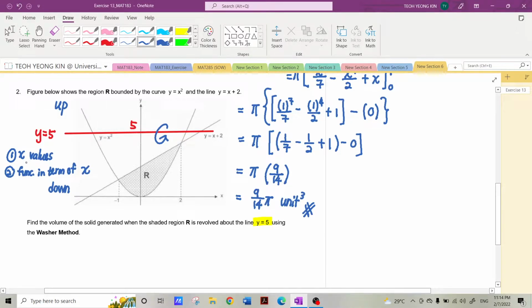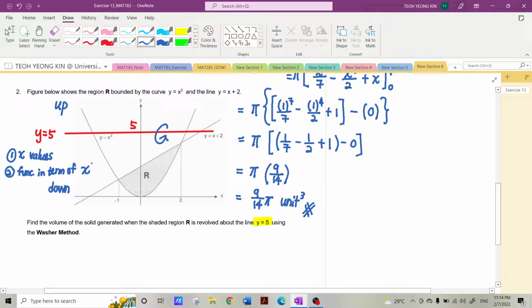For the function in terms of y and using the y value, you can look at the exercise in the tutorial or the exercise books. In this exercise, we are looking at the x value and the function in terms of x.